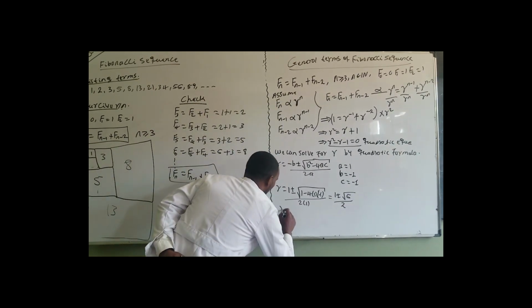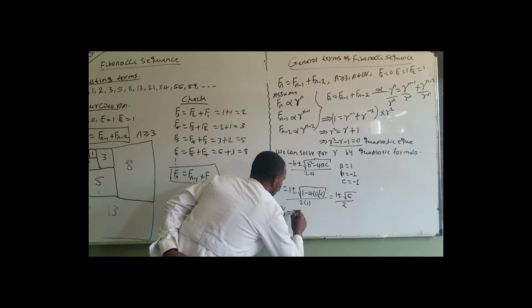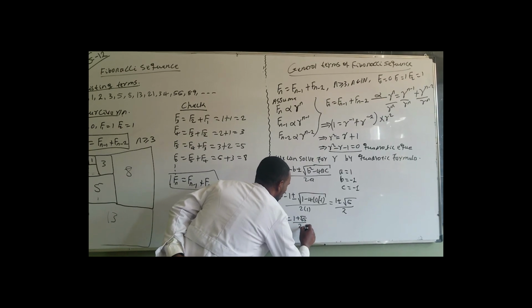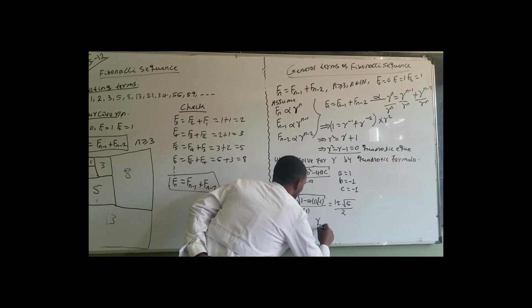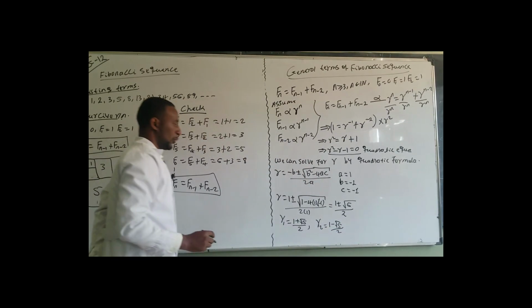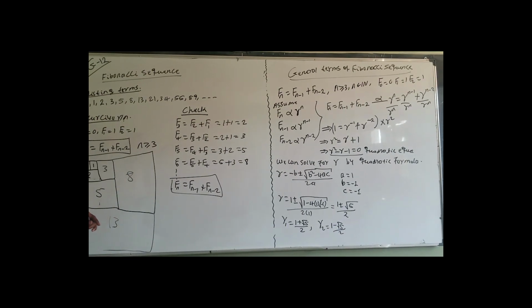Then r1 is equal to 1 plus the square root of 5 over 2, and r2 is equal to 1 minus the square root of 5 over 2.